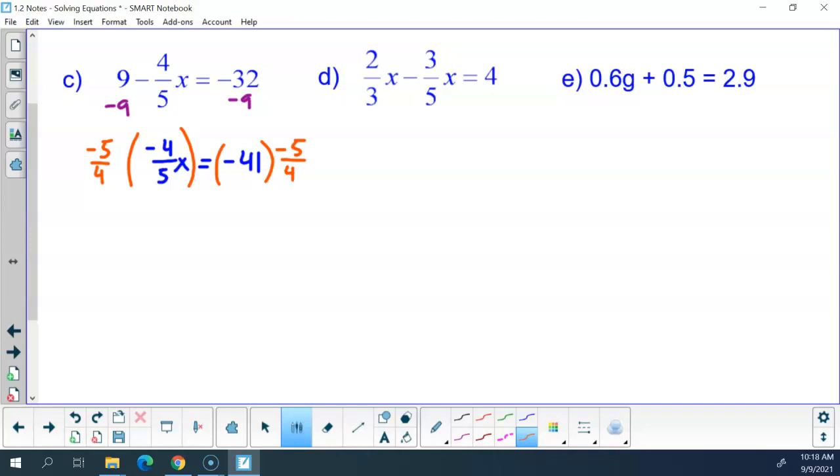Yeah. So, left side, get x. For the right side, we've got 205 over 4. -4/5 times 205 over 4. 4's cancel out. 5 goes in there 41 times.